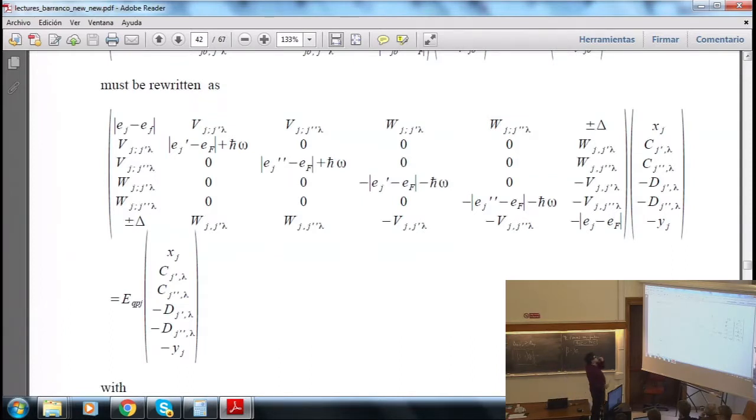Okay, this is a matrix that, well, here is a 6 by 6, but remember this is the block of hole particle phonon character. This is the block of hole phonon character. And from there we obtain many amplitudes.